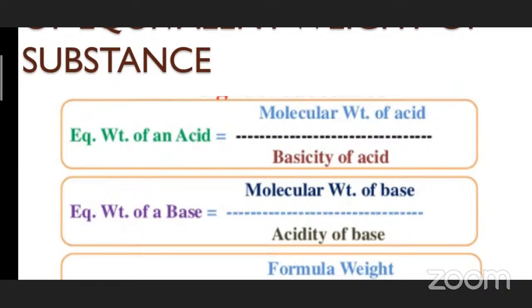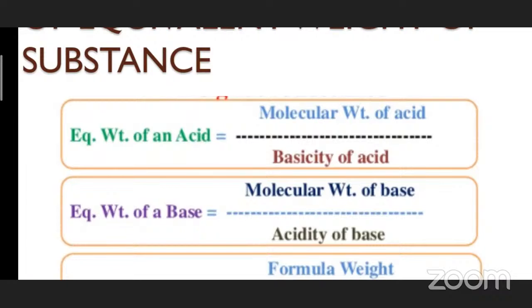The bond in HCl is broken, so the electron of hydrogen is taken by chlorine, and hydrogen would be lost as an H plus ion. So 1 is the basicity of hydrochloric acid.